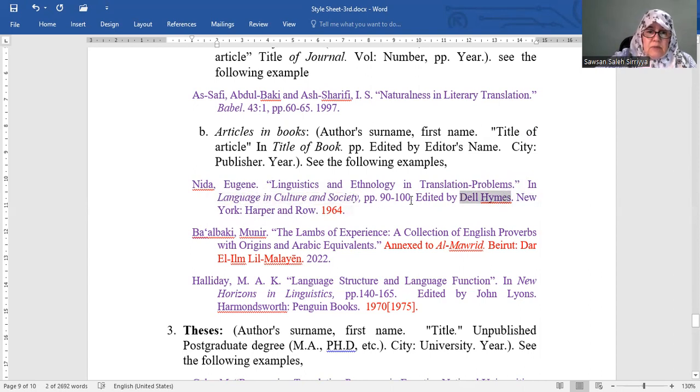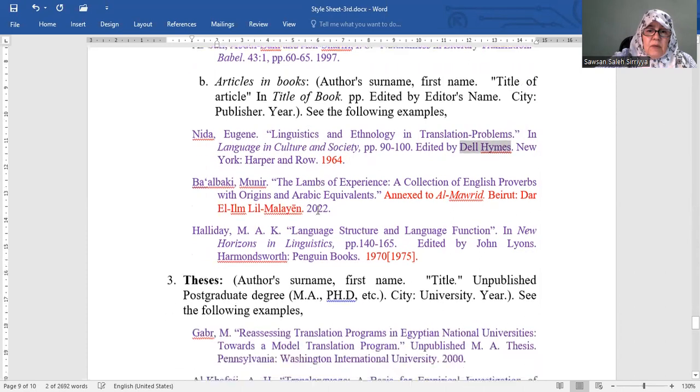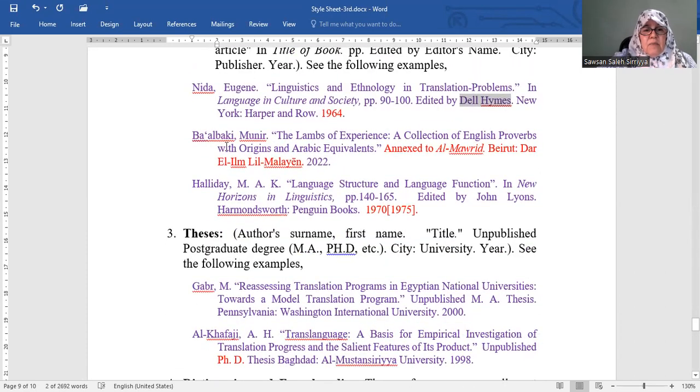It is Dell Hymes. New York, Harper, etc. Look at this example. This is by Al-Baki Munir. And this is his article in his dictionary. It is annexed. It is used as an appendix to Al-Mawrid, Beirut, Dar al-Ilm lil-Malayin, 2022.